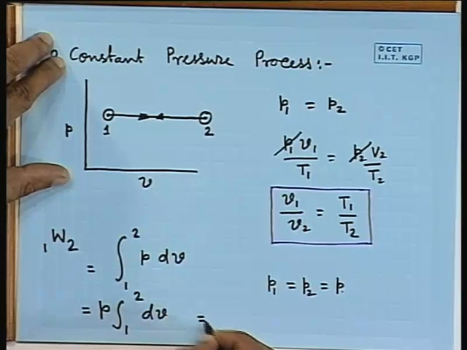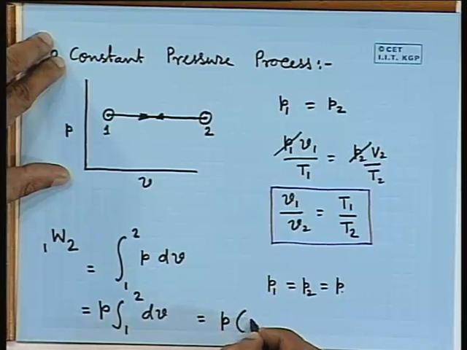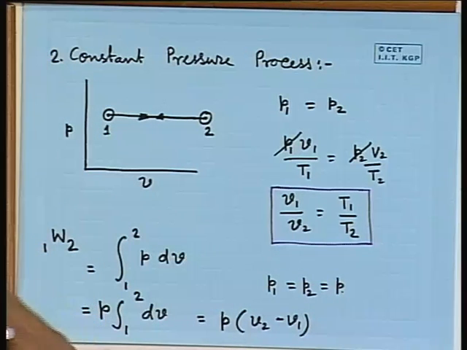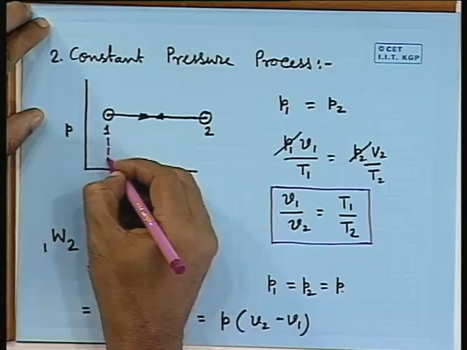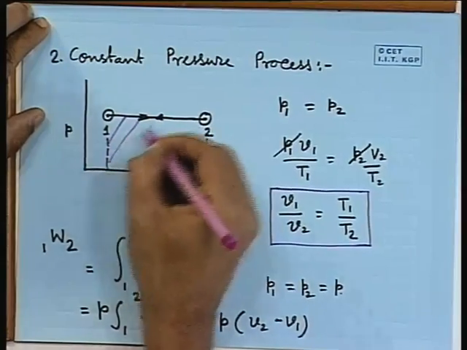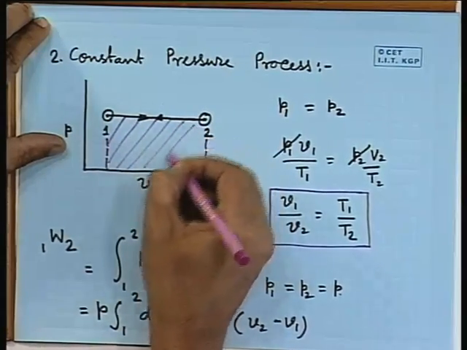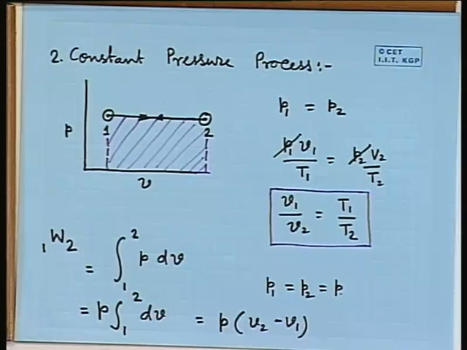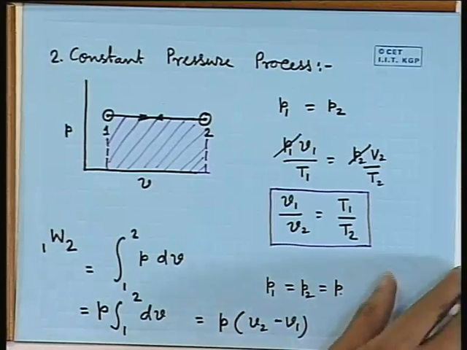So, this will become P (V2 minus V1), and obviously as we have discussed earlier, this work done will be given by the rectangular area under the constant pressure curve. This is how we will get the work done during the constant pressure process.